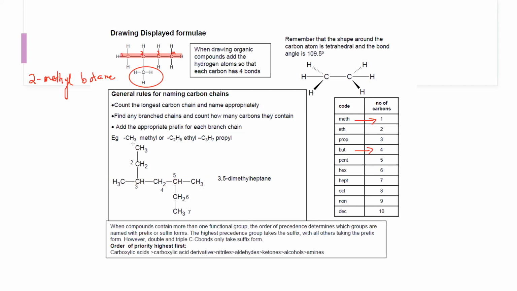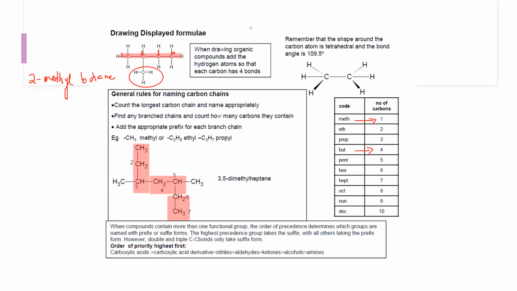Or if we count 1, 2, 3, 4, 5, 6. Or 1, 2, 3, 4 and 5, 6. So maximum we are getting 6 carbon.